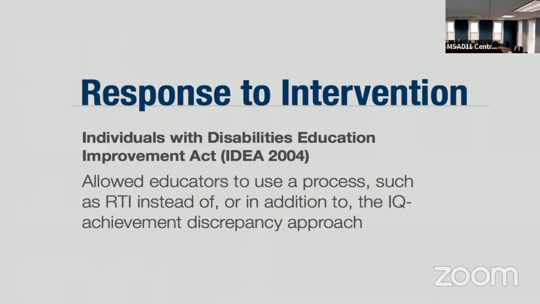So it's trying to avoid the wait to fail, where we say, okay, in 3 or 4 years, these kids will show such a wide gap between their grade level peers and what they're able to do, then we'll answer. So this says, we're gonna intervene sooner because we know sooner, and there's gonna be a process in place for that.